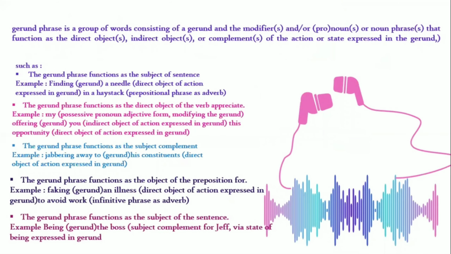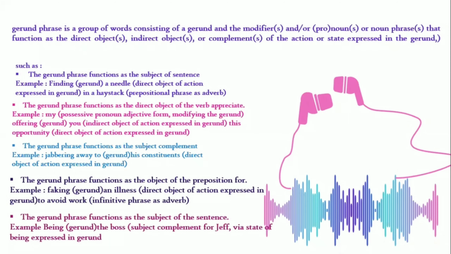And next, a gerund phrase is a group of words consisting of a gerund and the modifier or modifiers, pronouns, or noun phrases that function as the direct object, indirect object, or complement of the action or state expressed in the gerund.